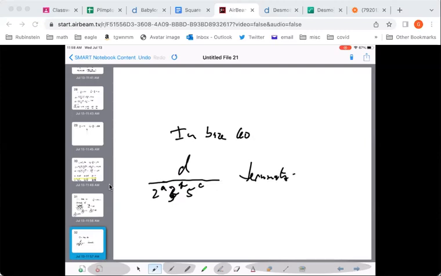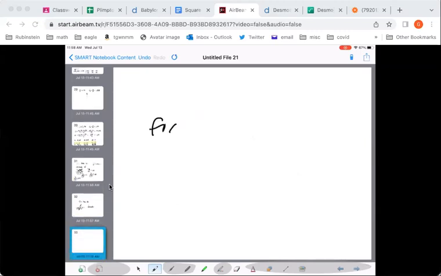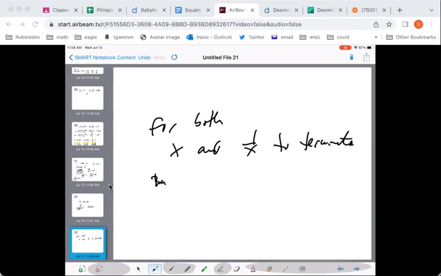But if you want the reciprocal to also terminate, for both x and 1 over x to terminate, for base 10, you'd have to have the numerator and the denominator both be a product of powers of 2 and 5. That's why 5 over 2 worked.